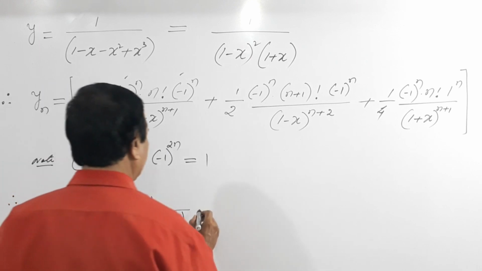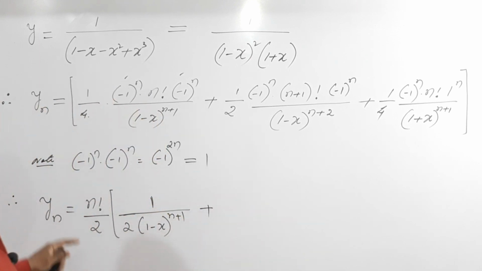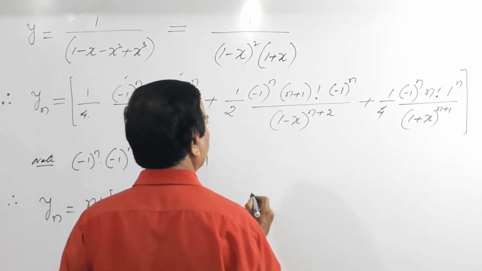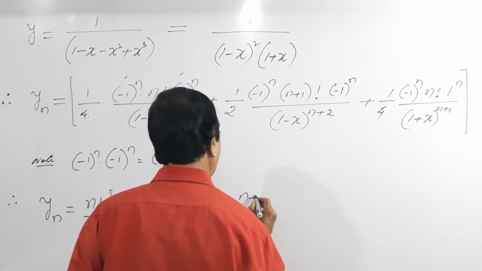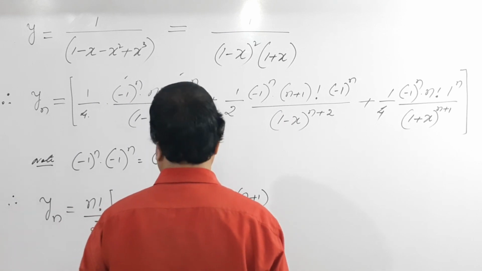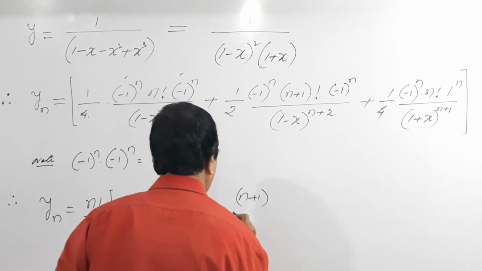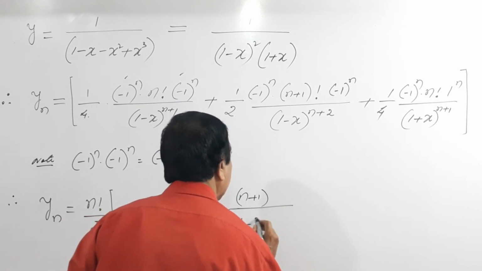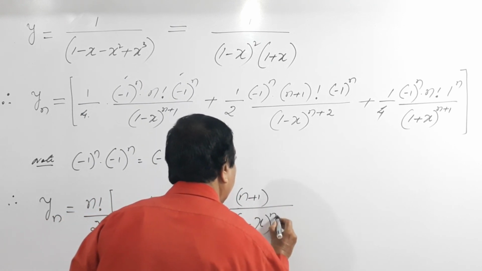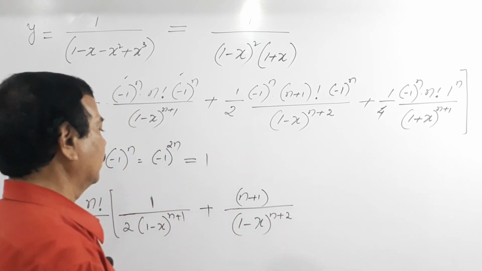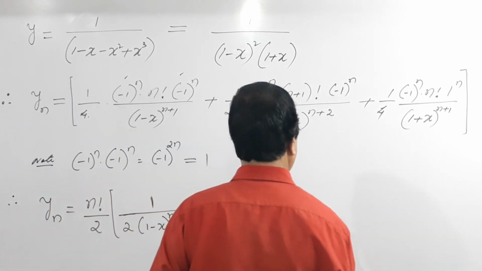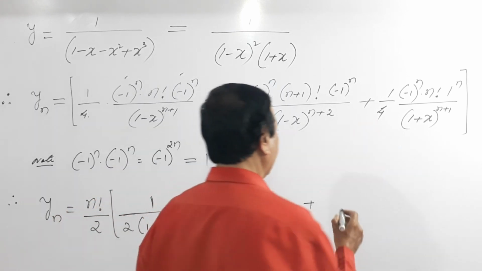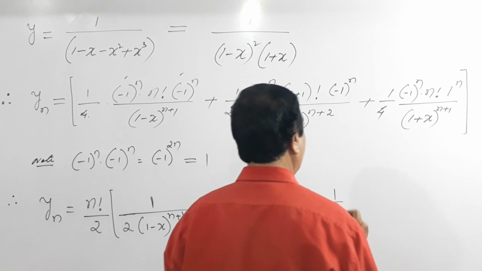1 plus, so already I have taken 2, so we will not have this. So here this will be n plus 1 by 1 minus x to the power of n plus 2, plus 1 half, you have taken, so left with what?